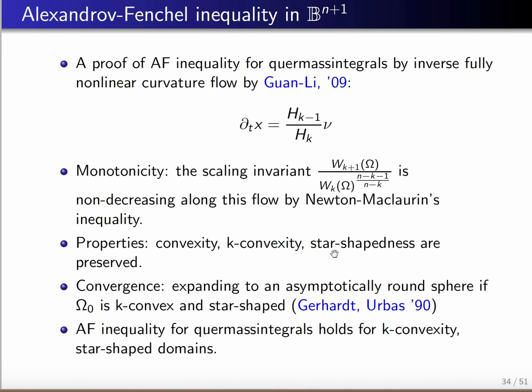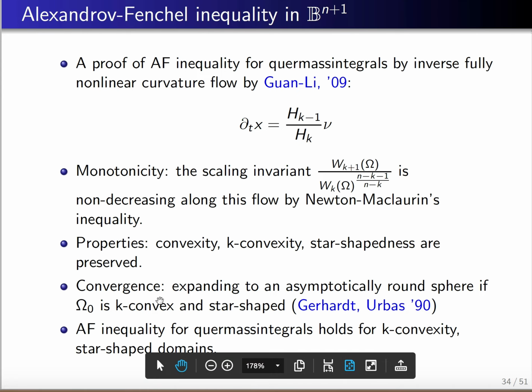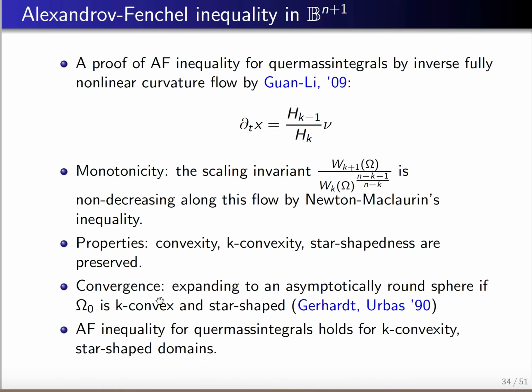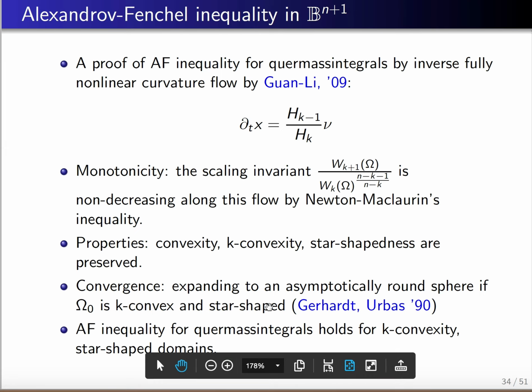it preserves the star-shapedness. Here, k-convexity means the elementary symmetric functions up to order k are positive. And the flow has long time existence, and also asymptotic convergence. The asymptotic behavior is clear: it expands to an asymptotically round sphere if the initial hypersurface is k-convex and star-shaped.